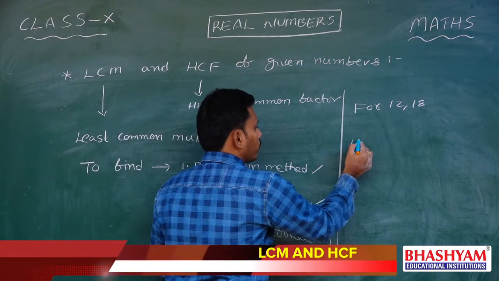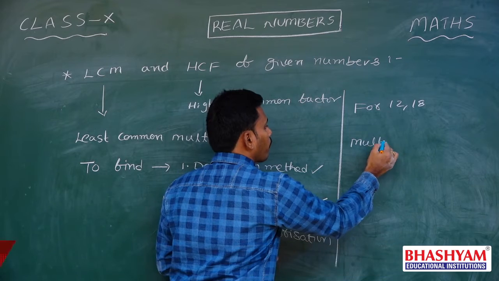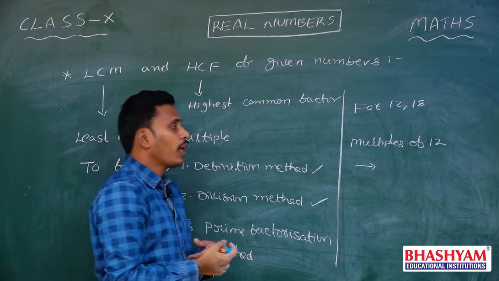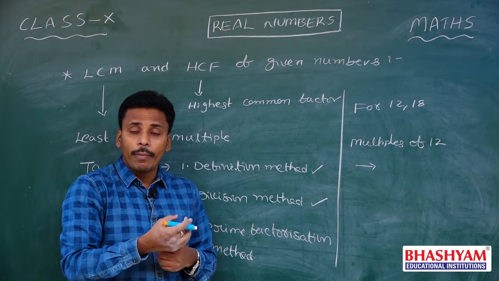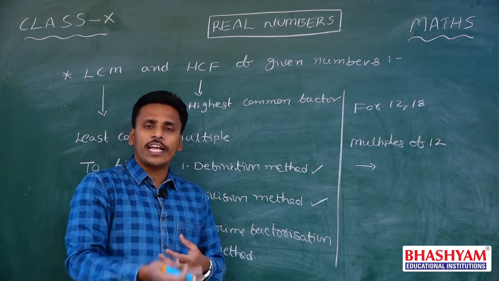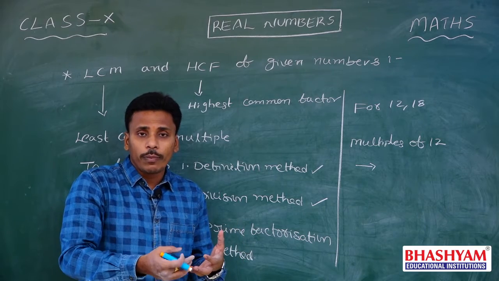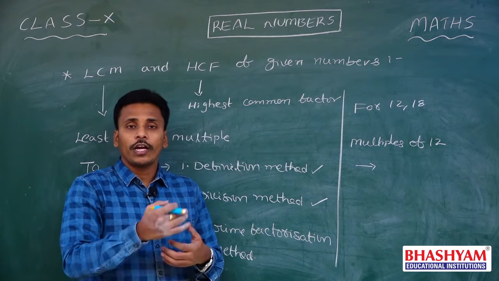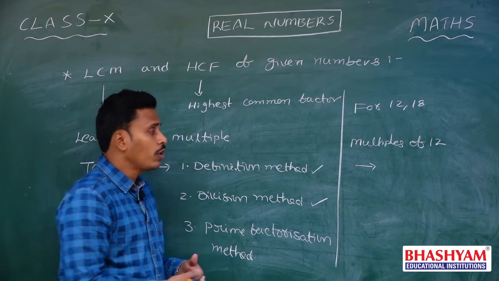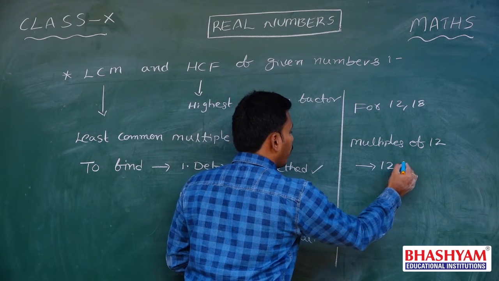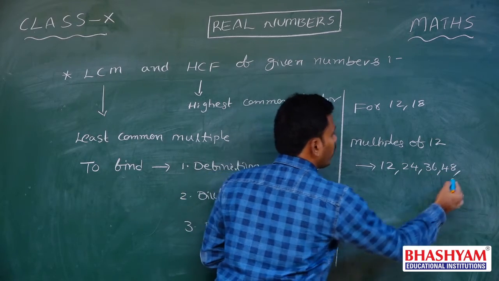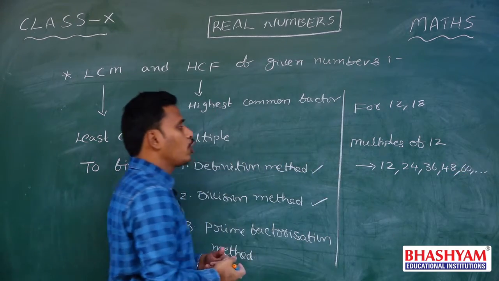Take 12. What are the multiples of 12? A multiple is nothing but multiplying that particular number with natural numbers. If you multiply 12 with 1, it's a multiple of 12; 12 with 2, 24 is another multiple; 12 with 3, 36 is another multiple. So the multiples of 12 are 12, 24, 36, 48, 60, and we continue like that.